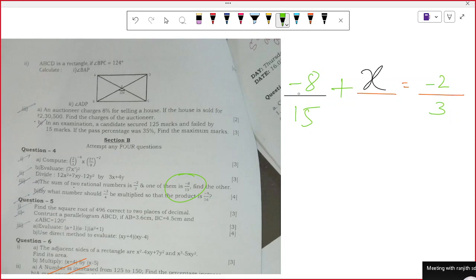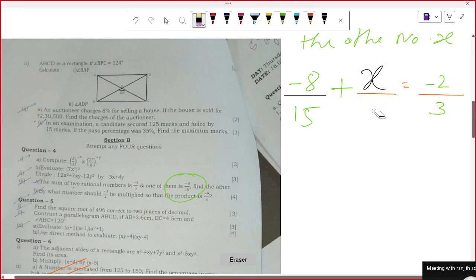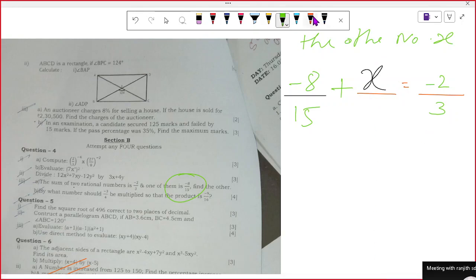Okay, so find the other number. We don't know what the other number is. That's the reason we have taken it as x. This is how we are supposed to let the other number be x. Which chapter is this? Simple linear equation. You have to find the unknown value x. How do you find x?